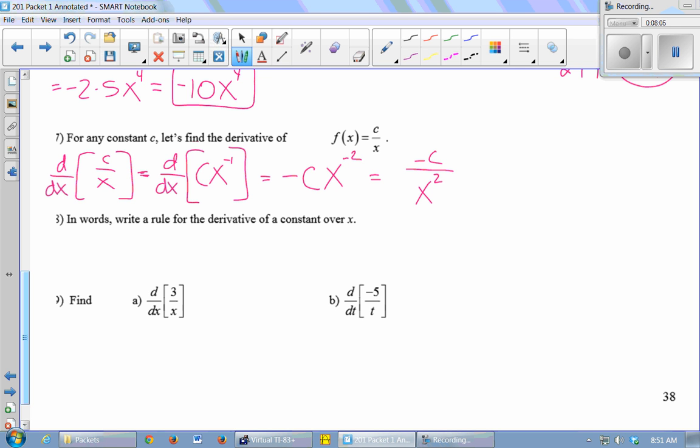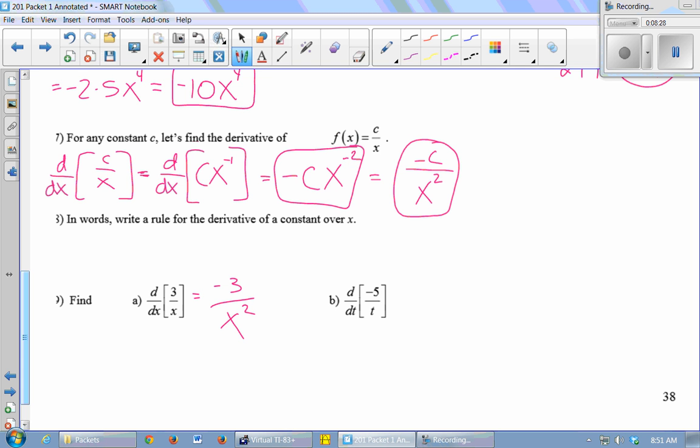So then this becomes negative c over x squared. Either of these would be fine. So what is the derivative of 3 over x? Negative 3 over x squared.